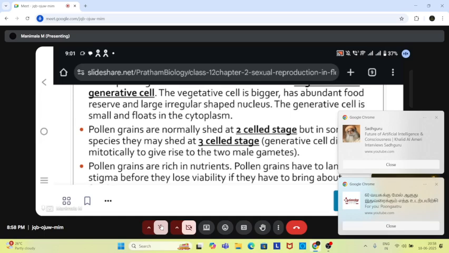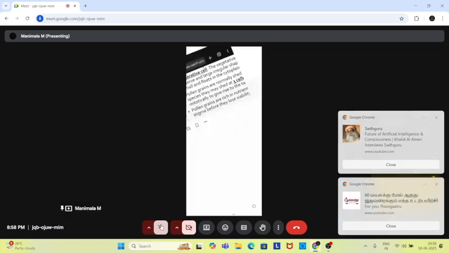We also discussed the uses of pollen grains, and what problems pollen grains cause for us. So all these things we have discussed. Is it clear? Clear, ma'am.